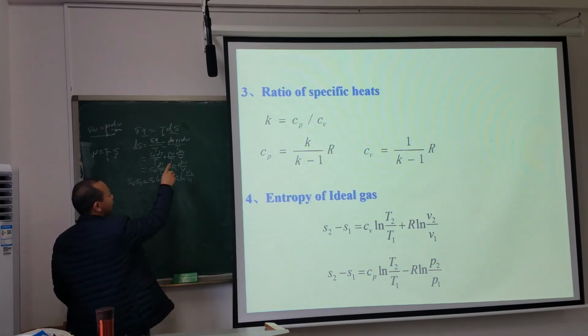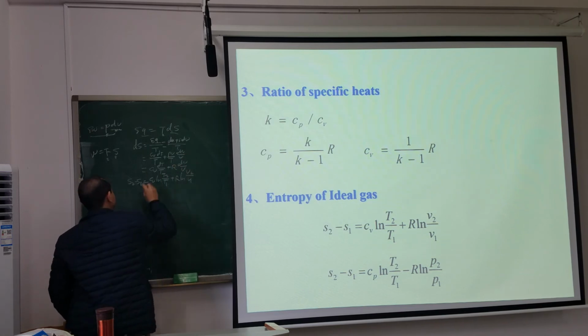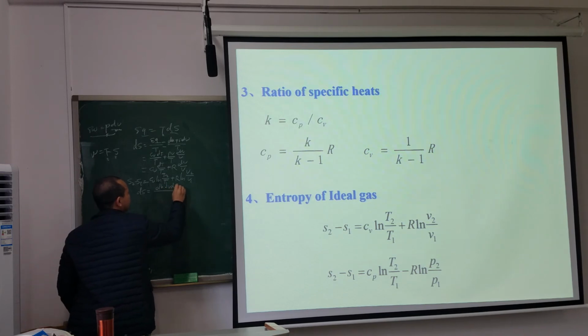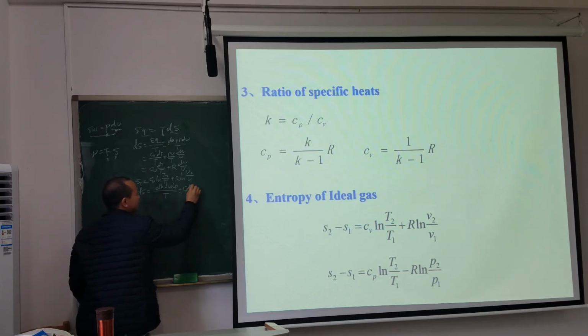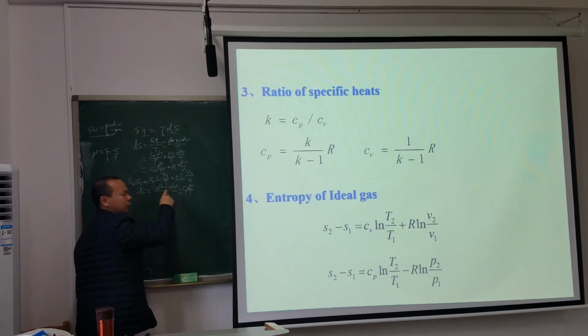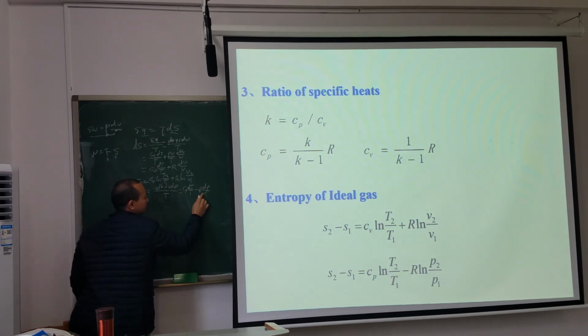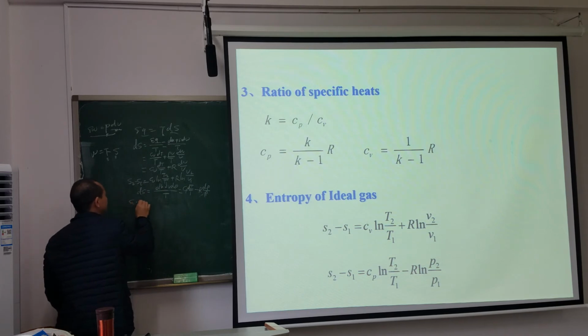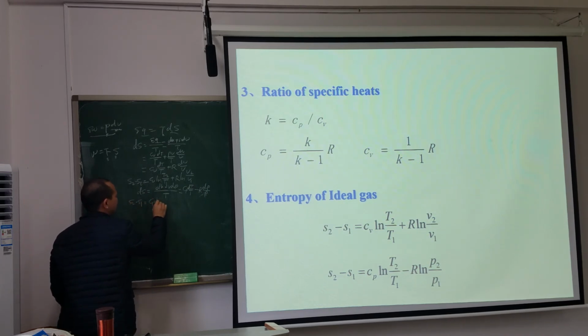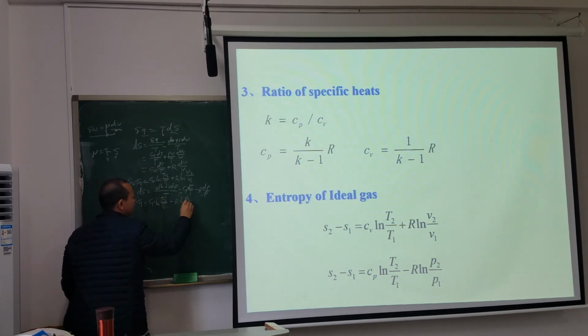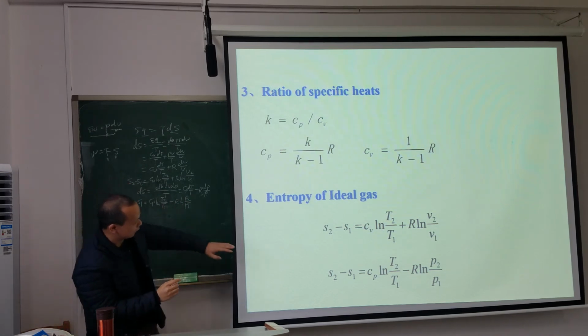If we here do not use this one, and then we know dH is Cp dT, and if we multiply by P and then divide by P, PV minus PV is R, and dP divided by P. And then we get this. So this equation is the same as this one.